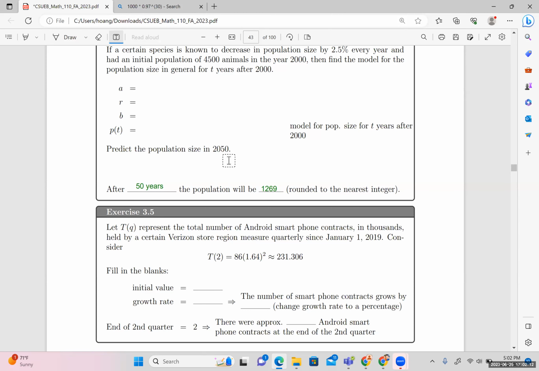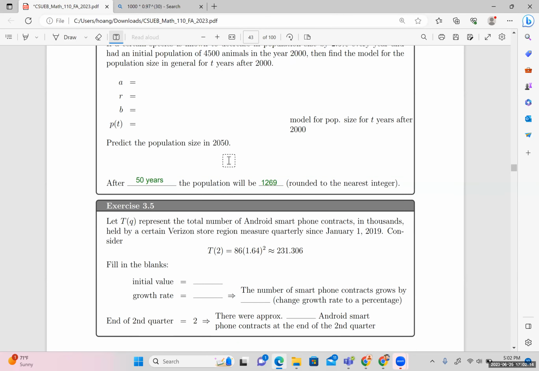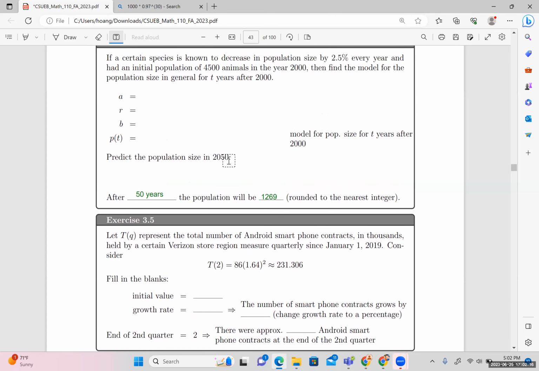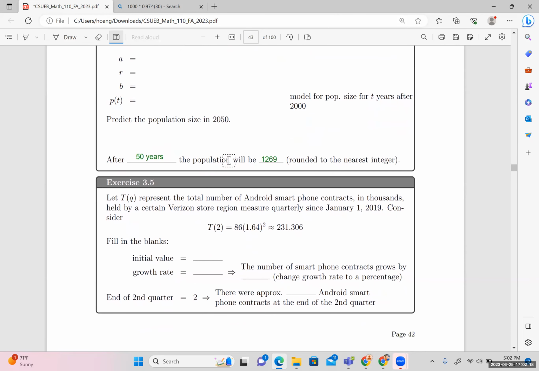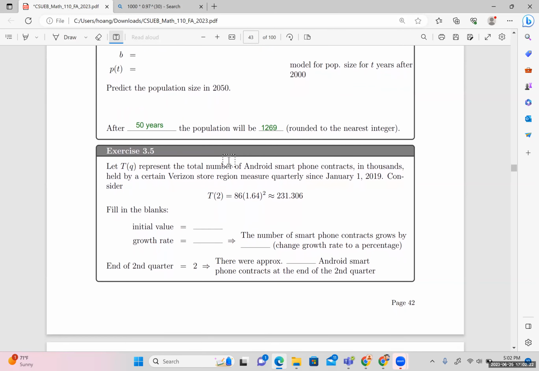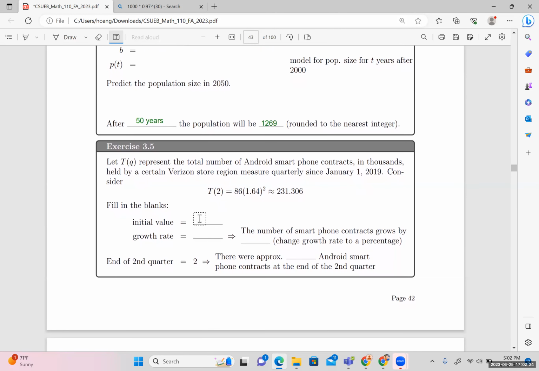Okay, so try that and also try the one next to it. I would like you to have the initial value and the given growth rate. You must make sure you have it.